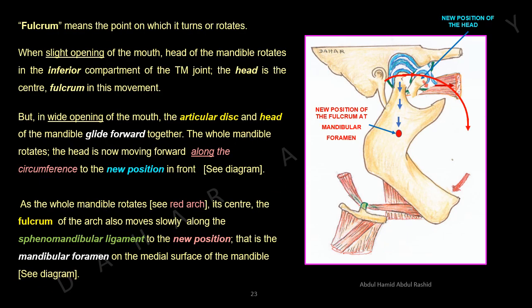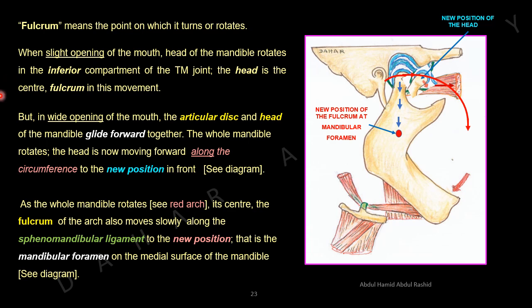Fulcrum means the point on which it turns or rotates. When slight opening of the mouth, head of the mandible rotates in the inferior compartment of the TM joint. Then the head is the center or fulcrum in this movement.